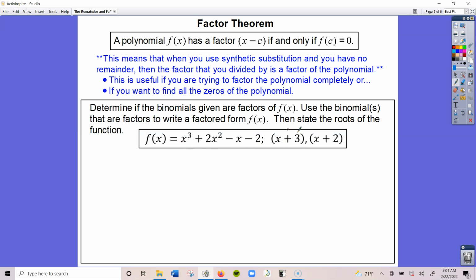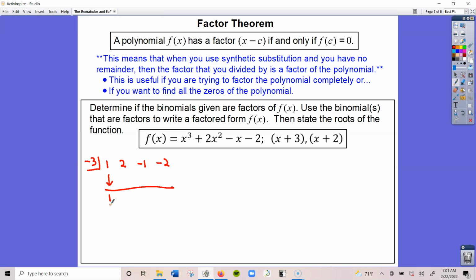So let's start with x plus 3. We're going to check if this is a factor. So I'm going to put -3 in my box, since that is what makes this factor equal to 0. And I'm going to put my coefficients here in a row. So 1, 2, -1, -2.